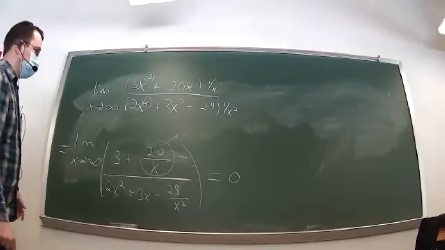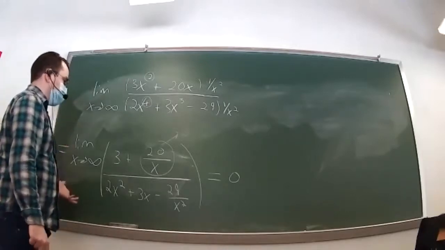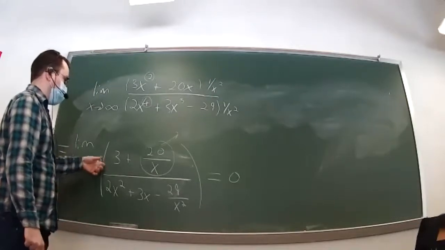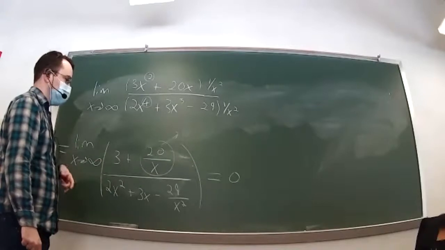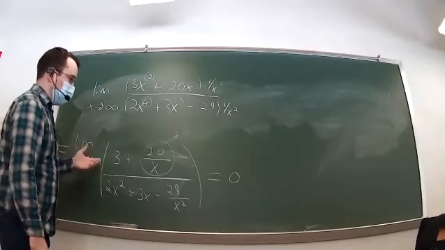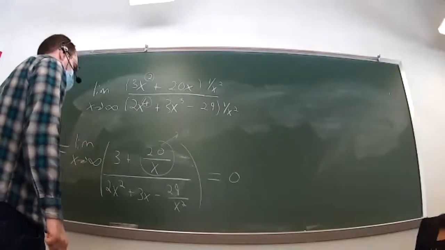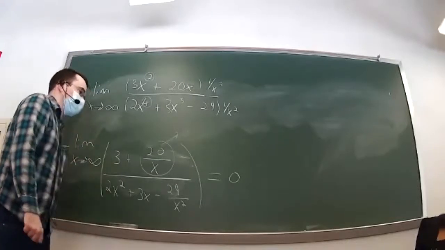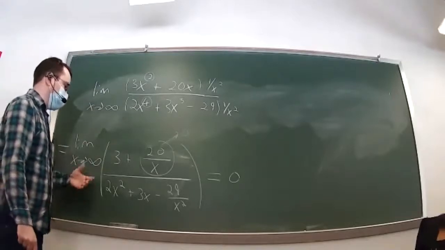And I can't literally use a limit law to do this, because it's not like I could take the limit of the numerator over the limit of the denominator and then just say 3 over infinity is equal to 0. You might want to do that, and it kind of makes sense to think that way, but infinity is not a number, so we can't really use the limit law.